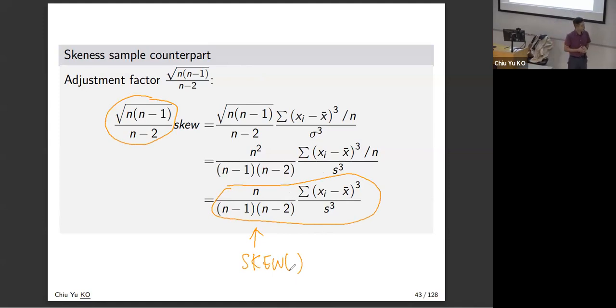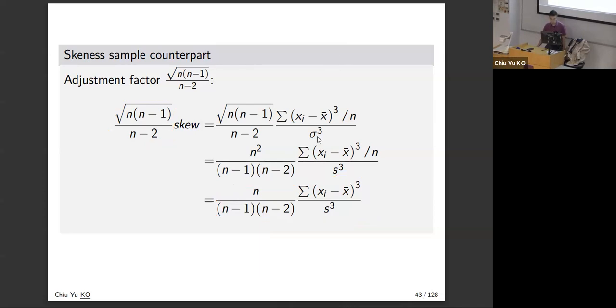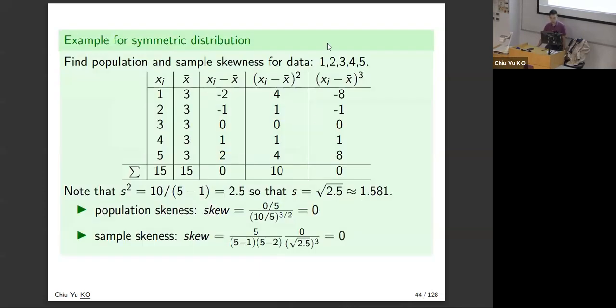Okay, and I will try to show you how you do an example of the skew. Okay, well, quickly. Okay, this example here. I'm not going to go one by one because we already covered this last time when we did variance, right? So the skewness is just raising this column to the third power.